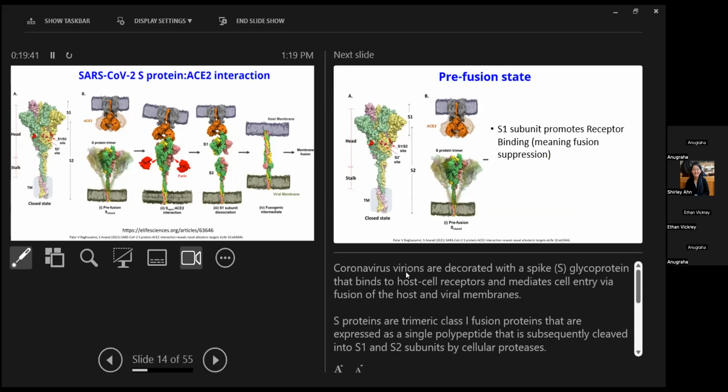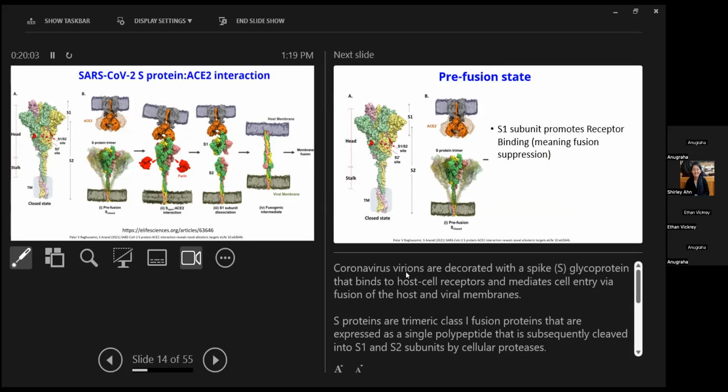So the main pathway through which the virus interacts with us is through the spike. This is the spike of COVID-19. It is divided into two domains, S1 and S2.